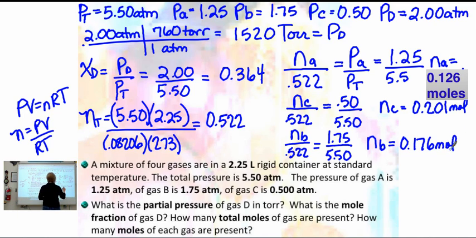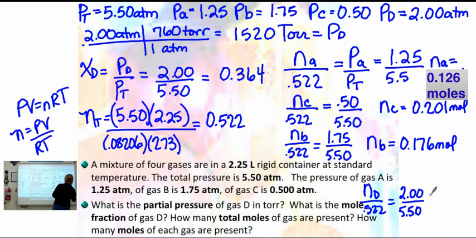And then finally, my moles of D over 0.522 is equal to the pressure of D, which is 2, over the total pressure, which is 5.5, and my moles of D are equal to 0.201 moles.